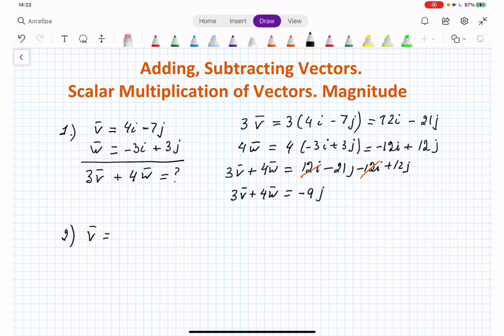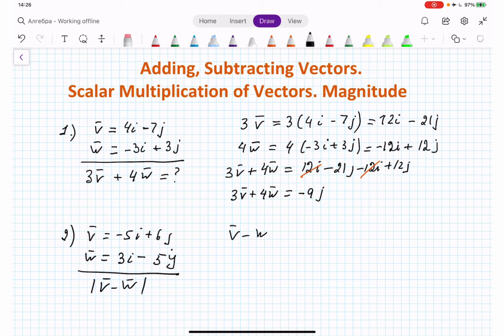V is equal negative 5i plus 6j, and then w is equal 3i minus 5j. Okay, and we need to find the magnitude of the difference between two vectors. So first we need to find the difference between the two vectors.